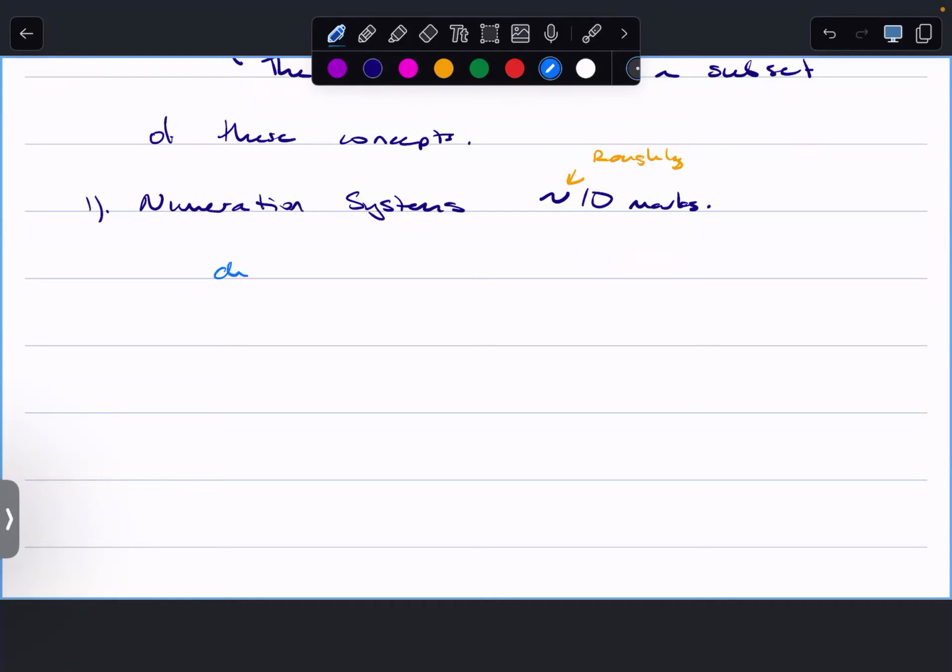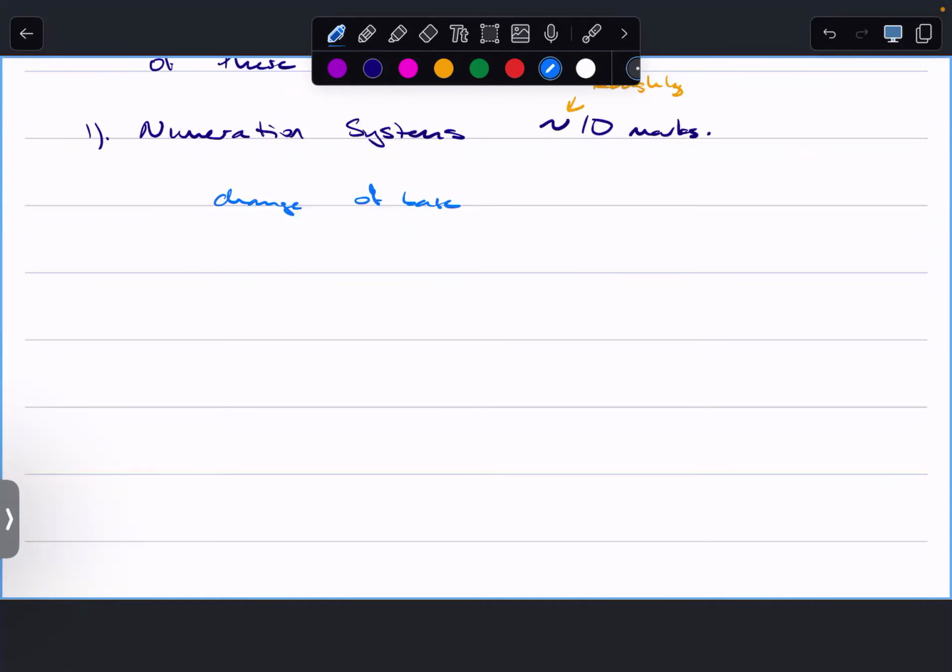We did change of base stuff, and we did a little bit of binary arithmetic, right? So you'll see in the practice, there's a bunch of change of base questions, and then some binary arithmetic, just for fun.